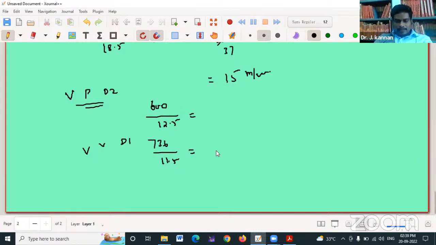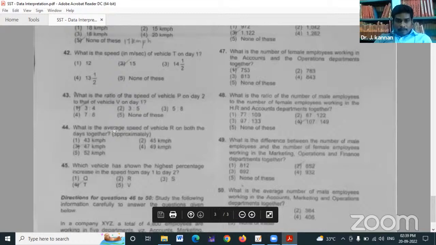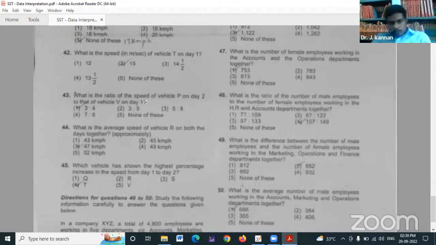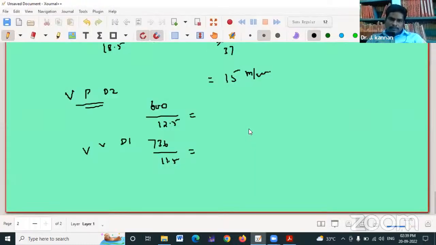The problem asks for the ratio of the speeds, so finally we need a ratio. First we need the speed of the two vehicles: 600 divided by 12.5 and 736 divided by 11.5.